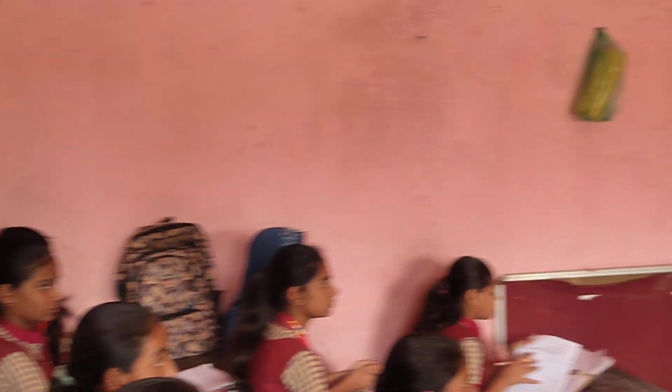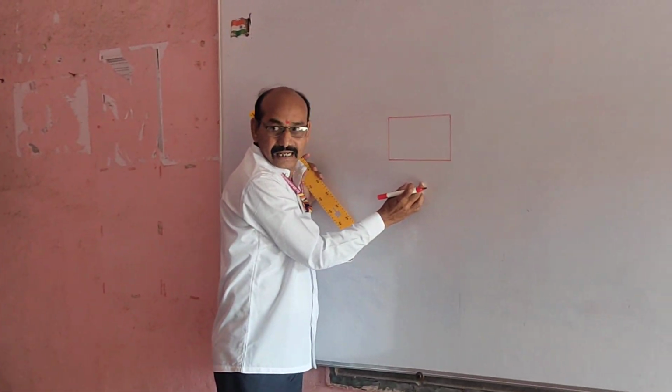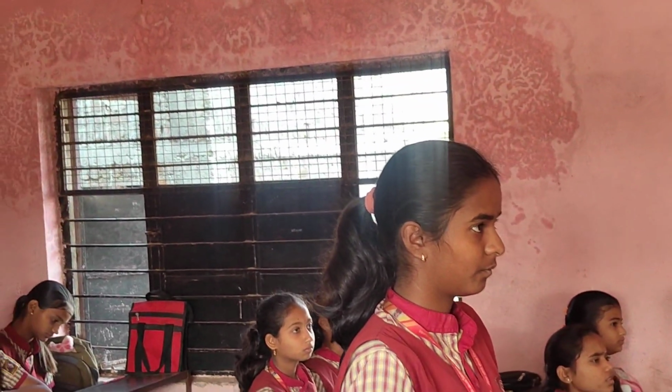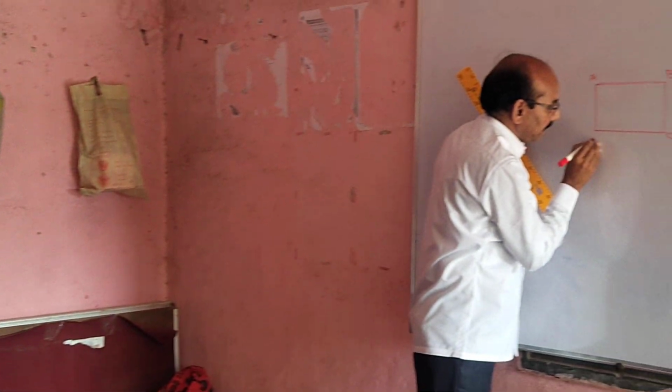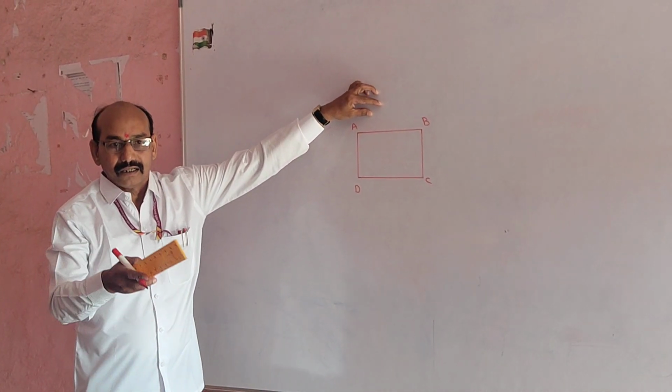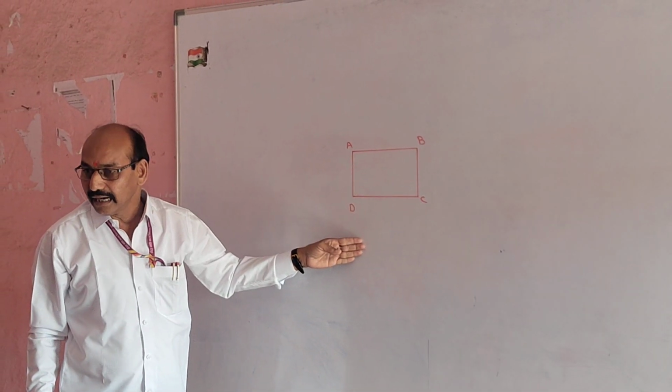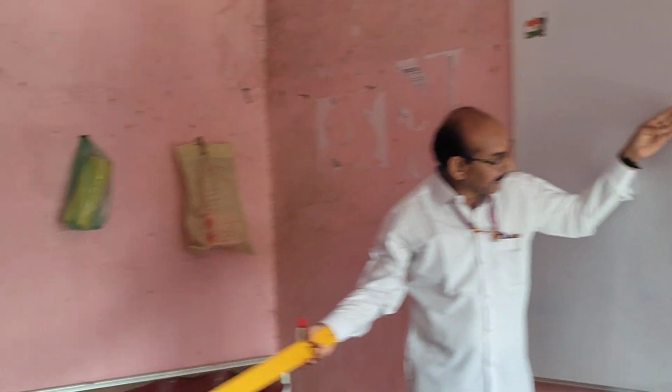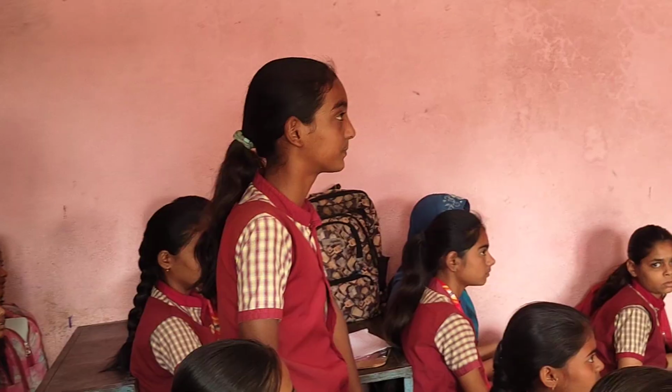In this figure, the opposite sides are congruent. Name it, suppose, A, B, C, D. It means the opposite side of AB is CD, and the opposite side of AD is BC.